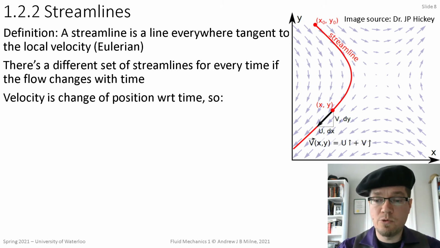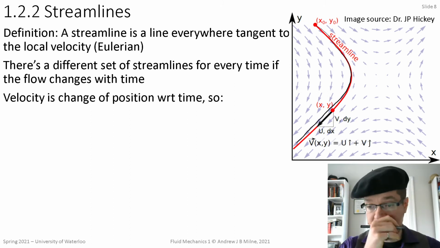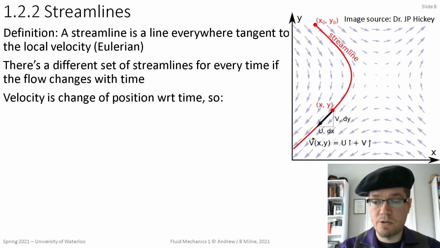And as you follow that line, everywhere along that line, the velocity is in the direction of that line. You can see that in all of those arrows. So it's very much Eulerian. That also means that there's going to be a different set of streamlines for every time period.